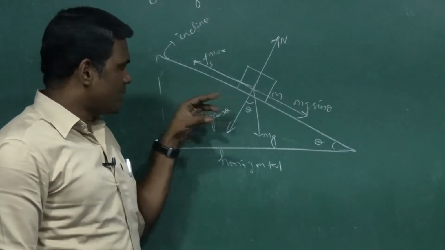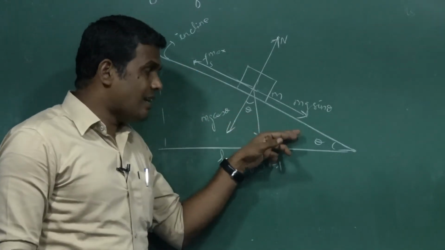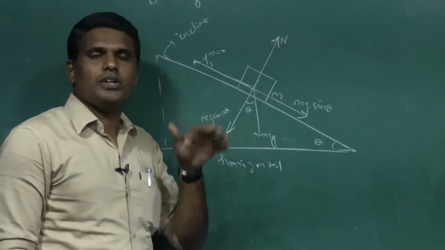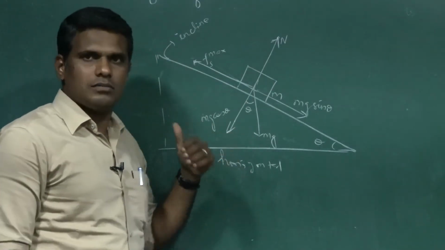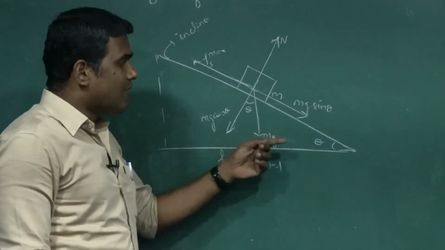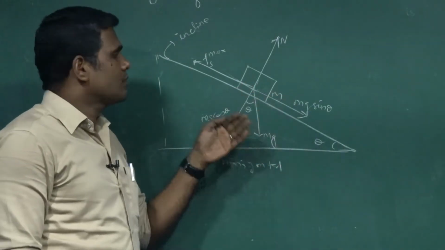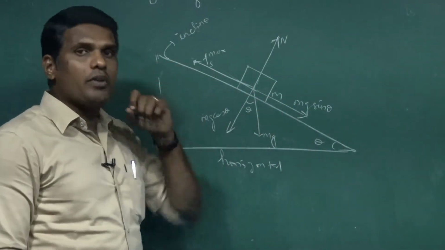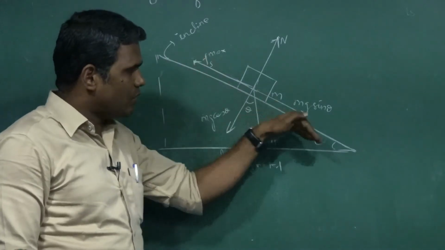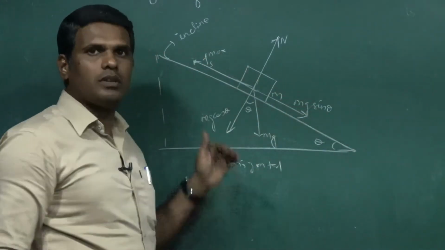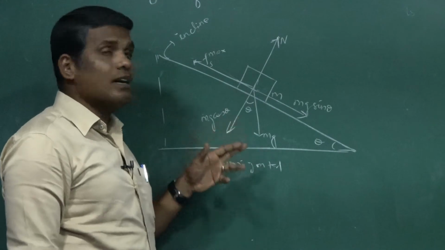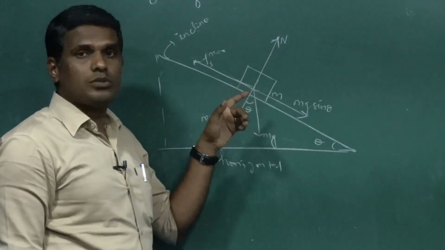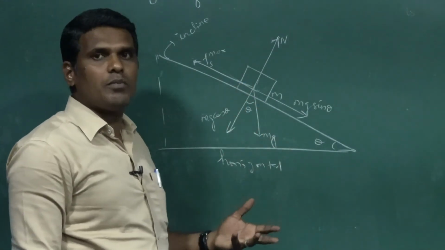So what we are discussing is that if the angle between the incline and the horizontal is very small, then the object will not slide down. As the value of theta increases, at one particular value of theta, the object begins to slide down. It will move in the downward direction. So the angle at which the object begins to slide down the incline is called angle of repose.